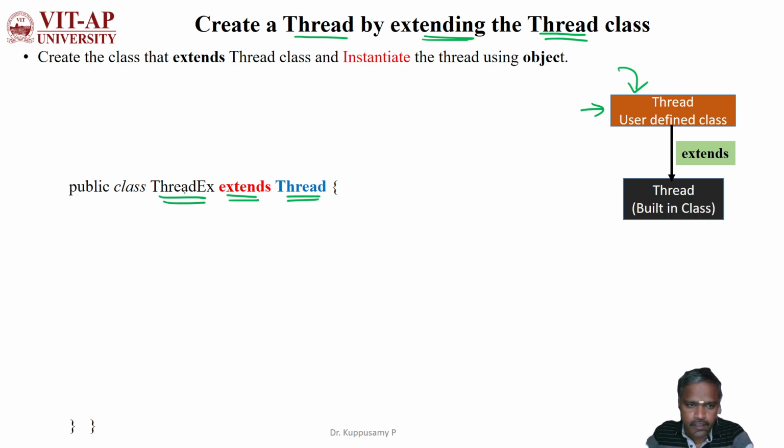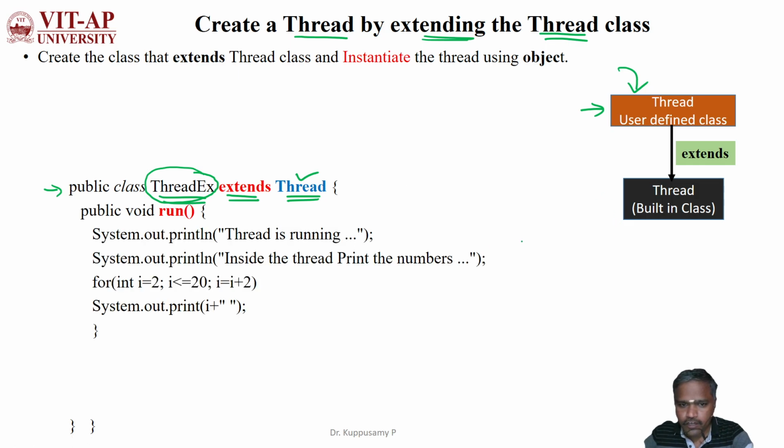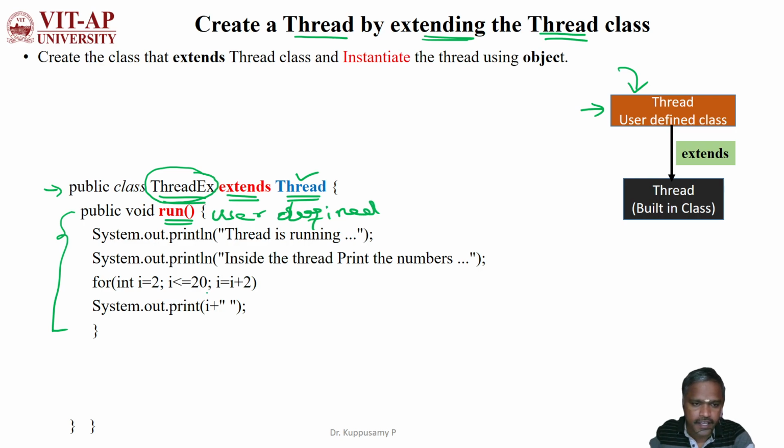By using this statement, ThreadEx has the capability to access all the features of Thread in Java programming. Based upon that, I'm going to define the action portion by using the user-defined run method. This user-defined run method will perform some actions when it is executing.